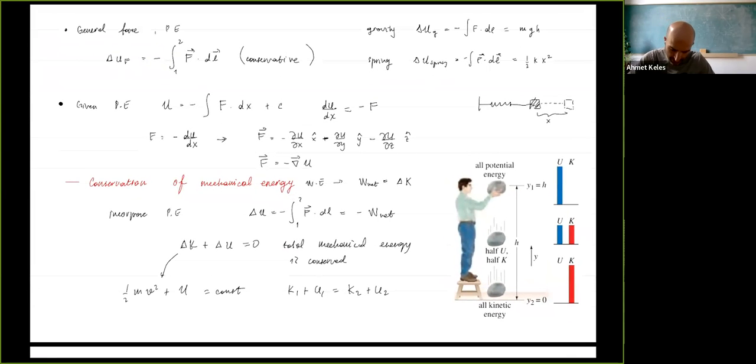And here's the example. Here you are releasing the rock, and the total energy is only potential energy, and kinetic energy is 0. Somewhere halfway, kinetic energy and potential energy are almost half by half, but their sum is still equal to this initial sum. And at the end, you don't have any potential energy, considering the reference point to be the ground, only kinetic energy, but this sum U plus K is still the same constant.